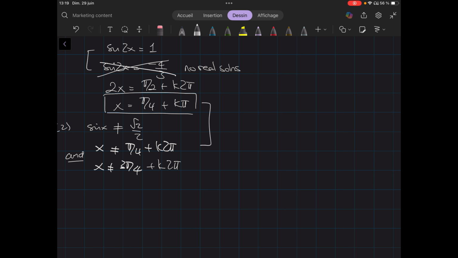Combining these two solutions, the only values of x that would satisfy would be 5 pi/4 plus k2 pi. In the given domain, from 0 to 4 pi, we have exactly two solutions, 5 pi/4 and 13 pi/4.